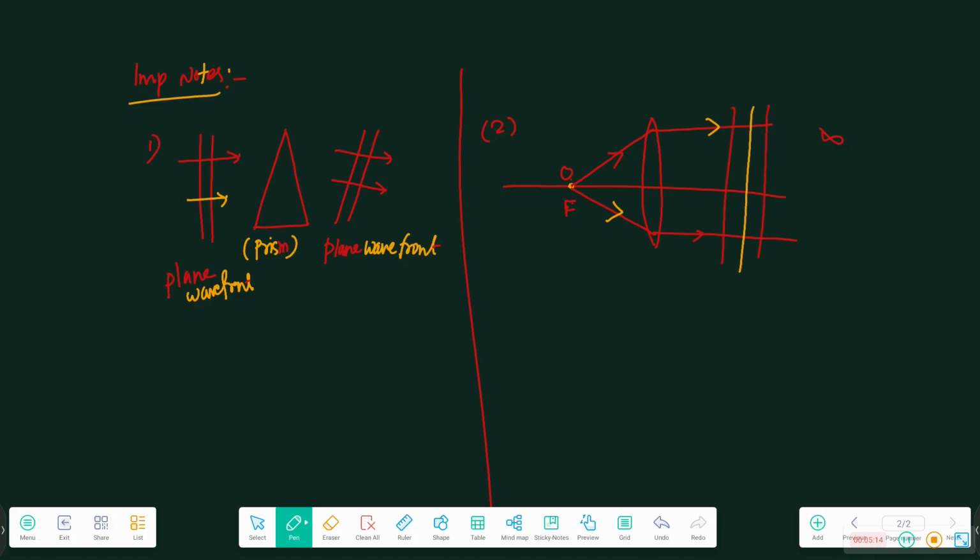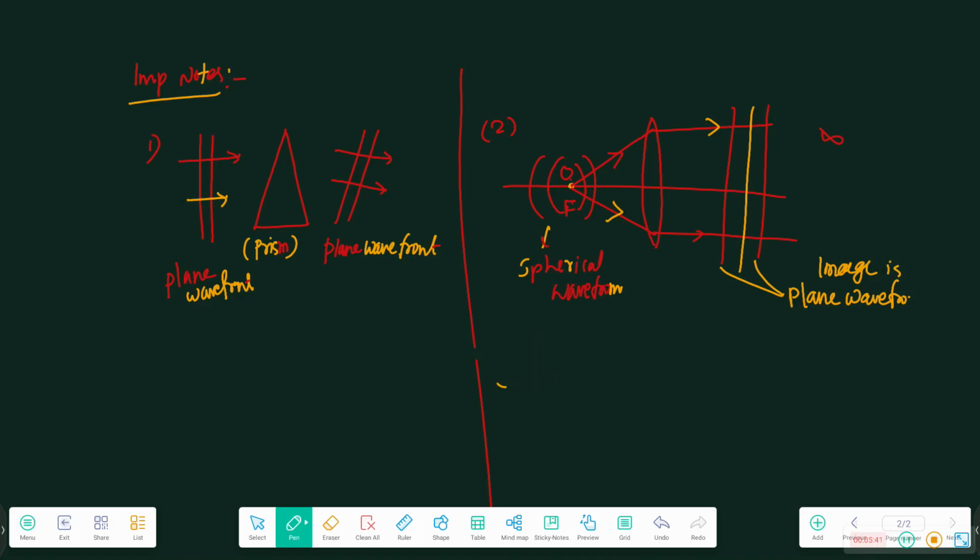Parallel means these are all plane wavefronts. But here at the object, what is the wavefront? Spherical. So the object has a spherical wavefront, and the image has a plane wavefront.